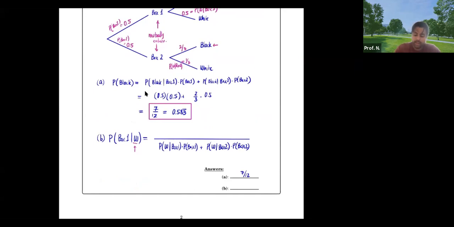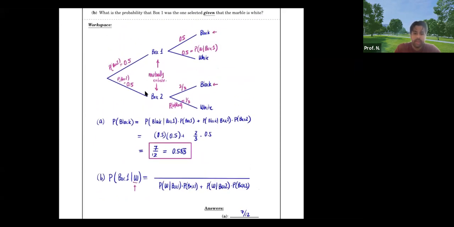So that's the denominator. Now, how about the numerator? The numerator is when we're looking for the probability that it's white given that box 1 occurred. So the probability that it's white given that box 1 occurs, multiplied by the probability that box 1 occurs.